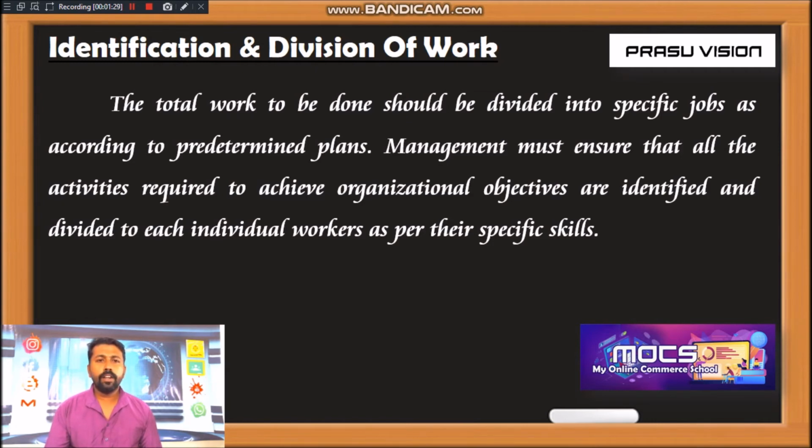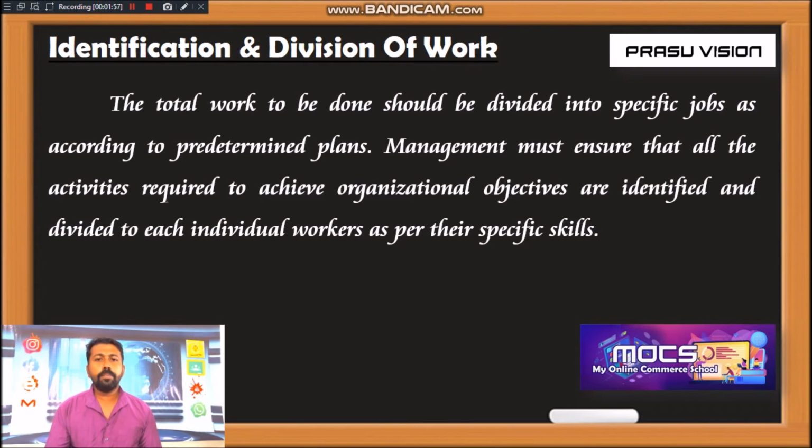You know very well the principle of division of work. Division of work helps to bring specific talents of the workers to achieve the organizational objectives effectively. So after identifying the work, it will be divided into specific jobs according to the predetermined plans.